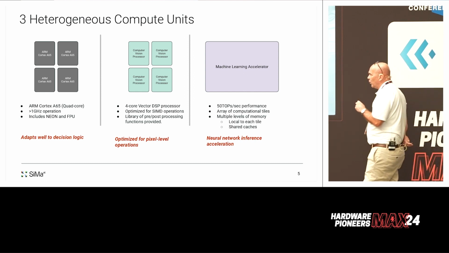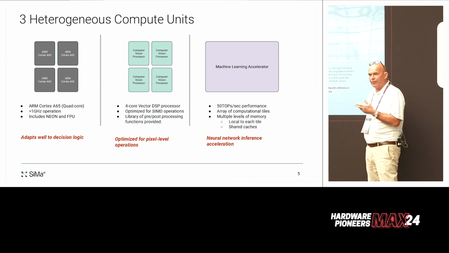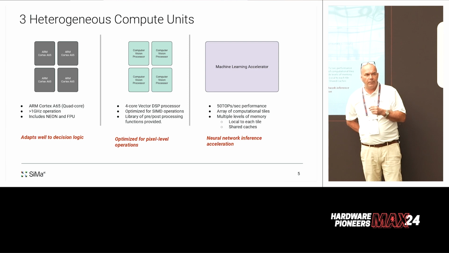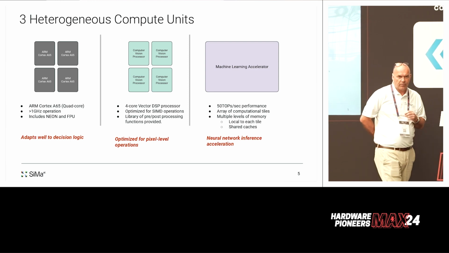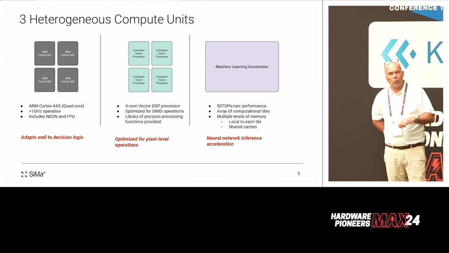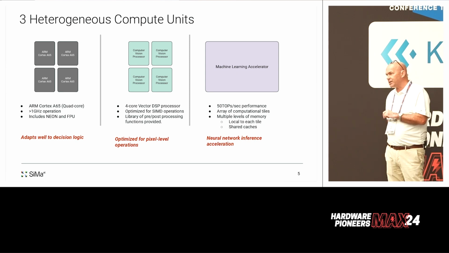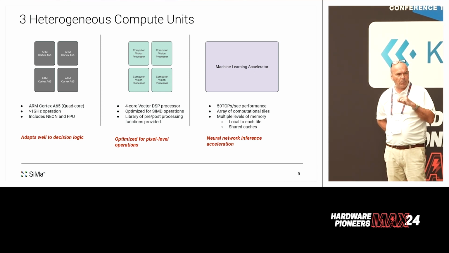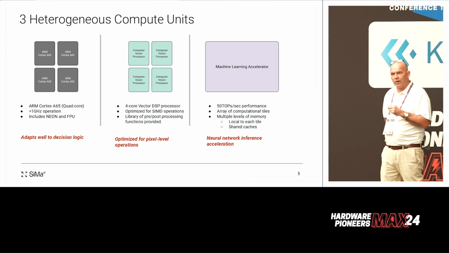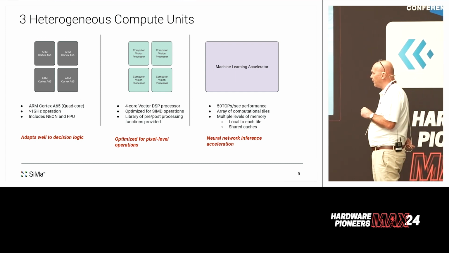Then when it comes to OpenCV-like functions, we included a 4-core vector processor, very high speed, single instruction, multiple data. So it's highly optimized for pixel level operations, repeating the same instruction and the same operation on multiple pixels within an image. 4 cores running at a gigahertz, extremely powerful.